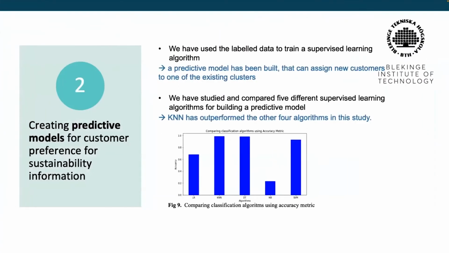The second result that I would like to say is that we have also used machine learning. So the first one is only about building models for existing customers. How do they look nowadays? But then we have used some supervised learning algorithm to build a predictive model.